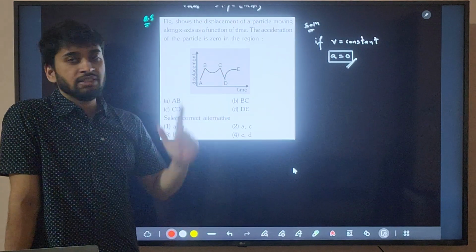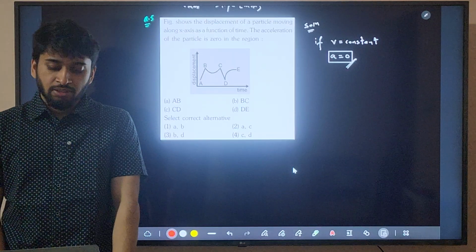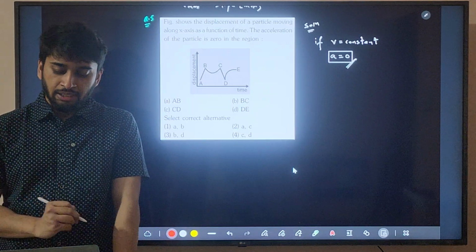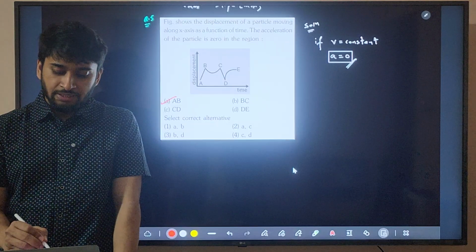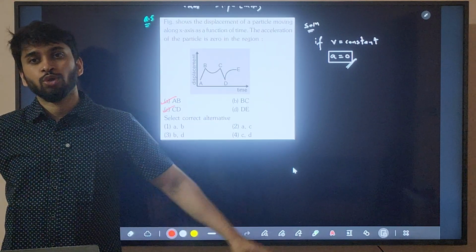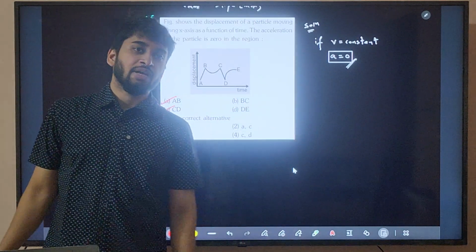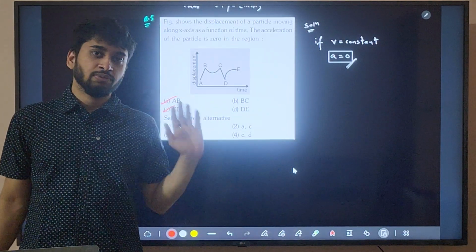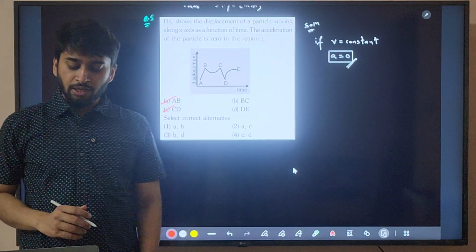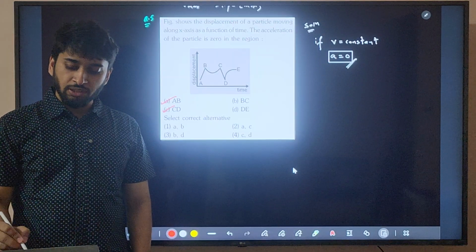So in these two parts, the velocity will be constant, and the acceleration will become 0. Wherever the graph is a straight line, the slope is constant, which means the velocity is constant because in a position time graph, the slope gives velocity. So the answer here will be A and C, which is the second option.